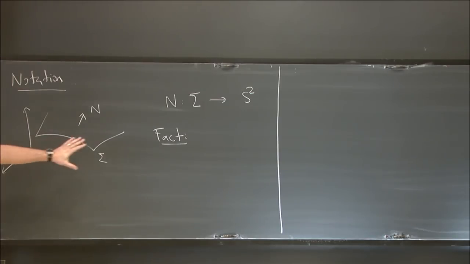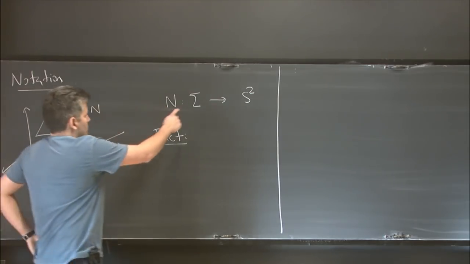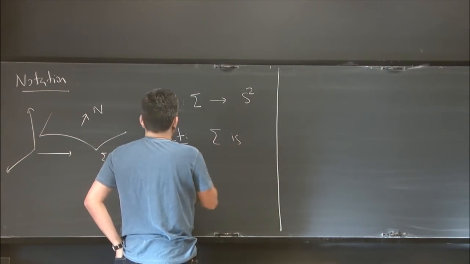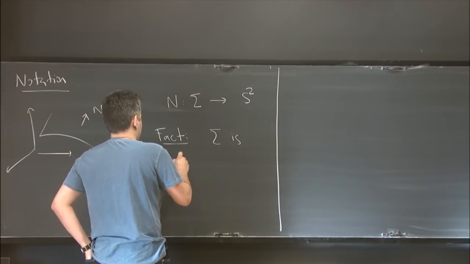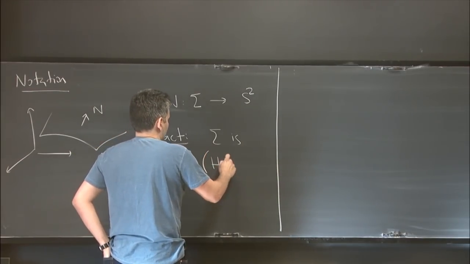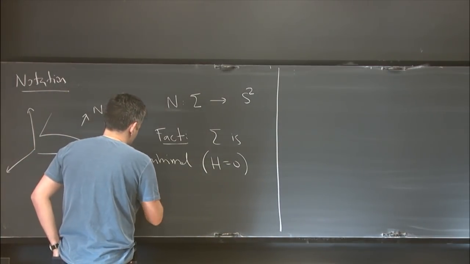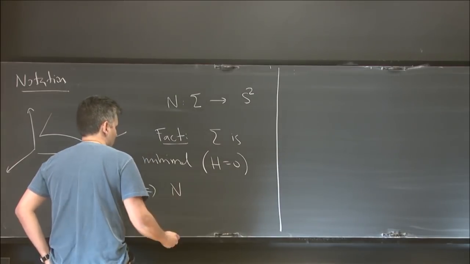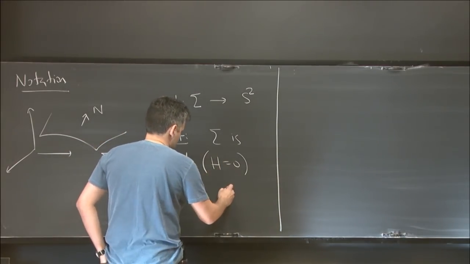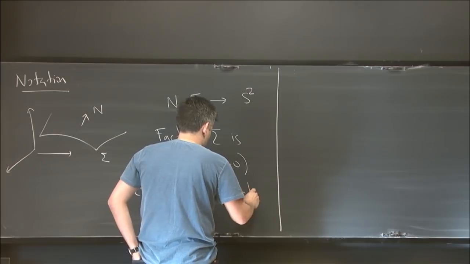It's this fact that connects the variational problem with complex analysis: the surface is minimal, in other words, it's a critical point for the area functional, if and only if this map N is anti-holomorphic.